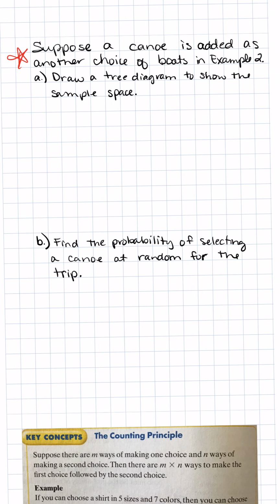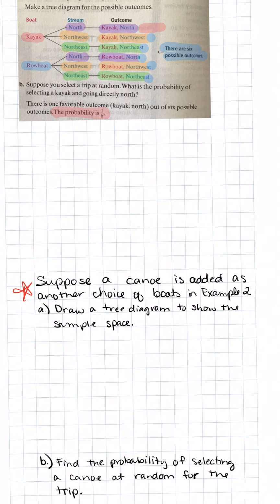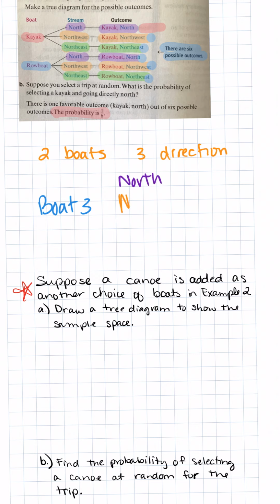examples. Okay, so suppose a canoe is added as another choice of boat in example 2. So right now we have 2 boats, 3 directions. If we have another one, so we can just say boat 3, it still is going to be that they either go north, northwest, or northeast, right?